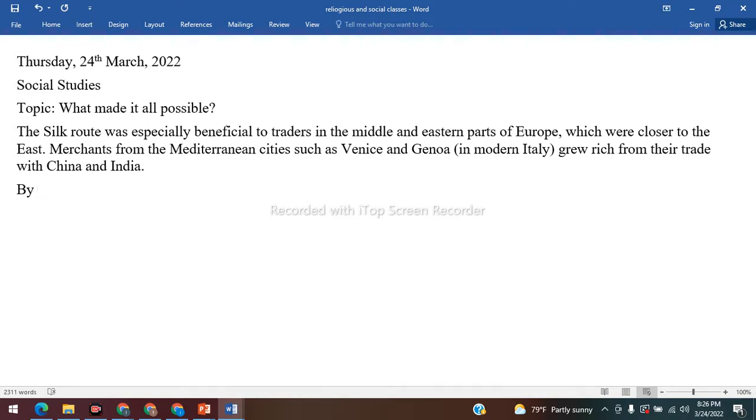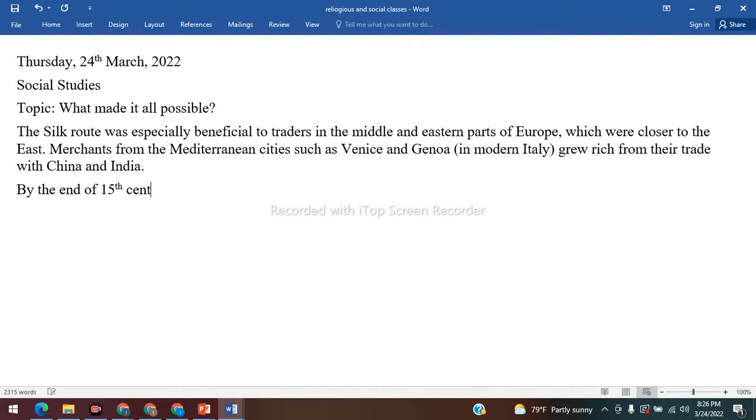Anyone familiar with the Renaissance? Yeah, the navigation tools they came up with. Yes, the navigation systems that they came up with. So that helped a lot with making it possible.